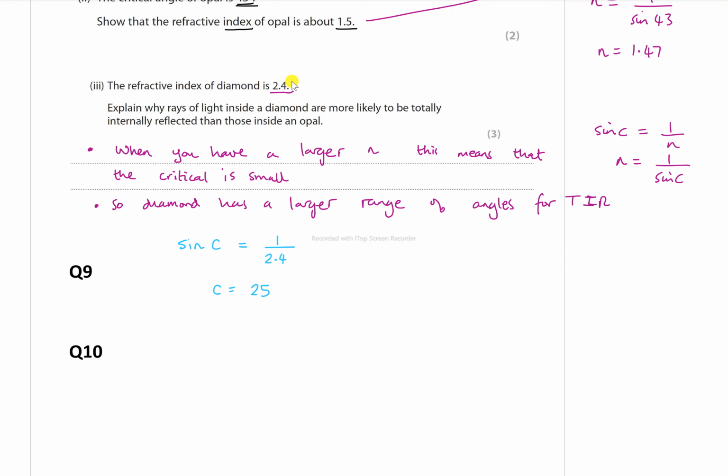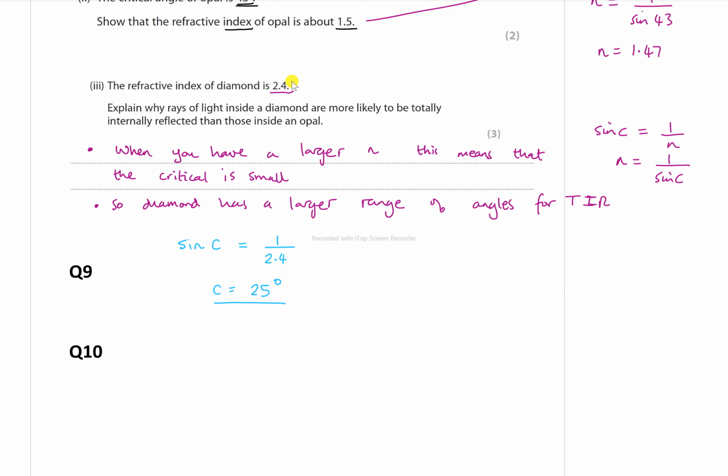If you put that into your calculator, you know how to work out the angle. It's inverse sine: shift sine 1 divided by 2.4, close the bracket, equals 24.6. So they've rounded off to 25 degrees.